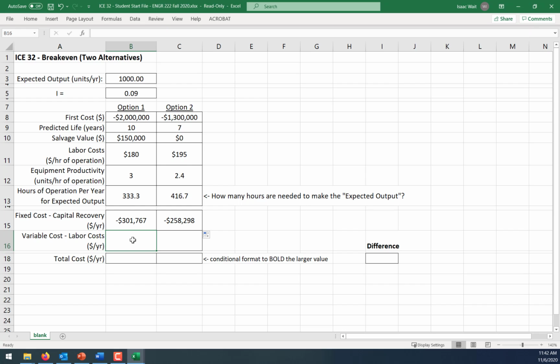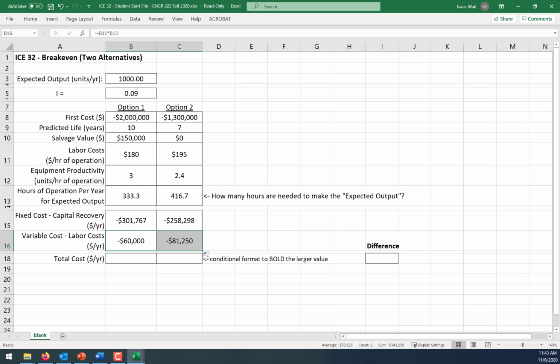So the labor costs are going to be dollars per hour multiplied by the number of hours per year. So 60,000 in labor, and by the way, that is an outflow, so I ought to put a minus sign into the formula there because costs are minus. Our capital recovery was in terms of a minus, so I want both of them to be minus. And then drag that to the right.